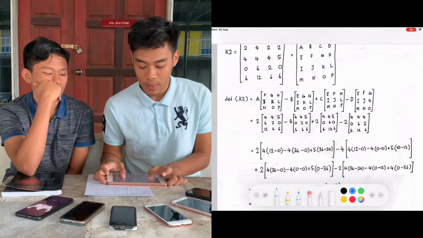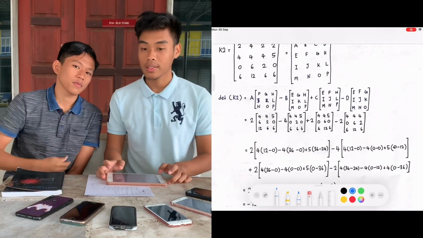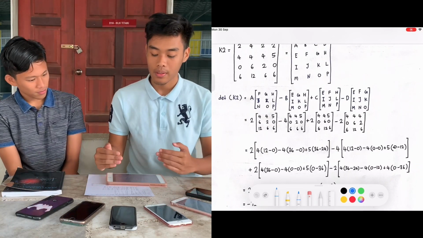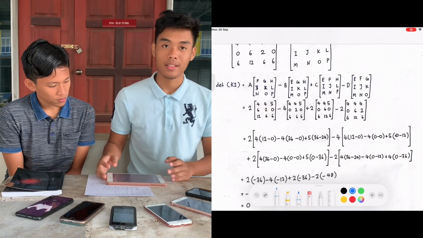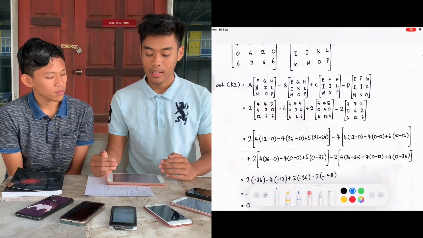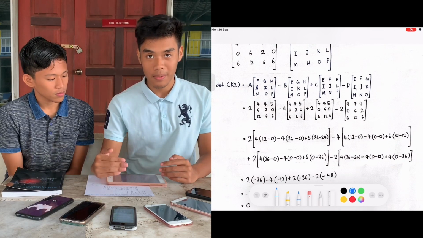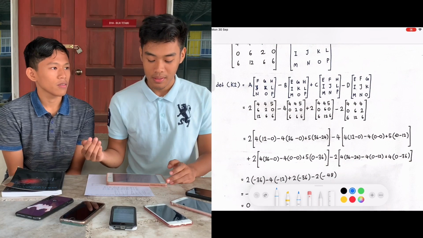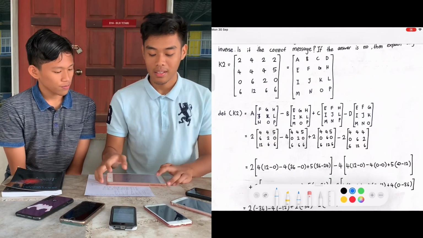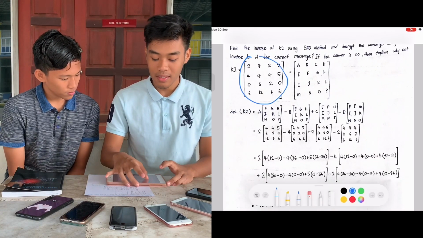After we have substituted the numbers with alphabets and have a nice arrangement, we substitute the alphabets with the numbers in the matrix.